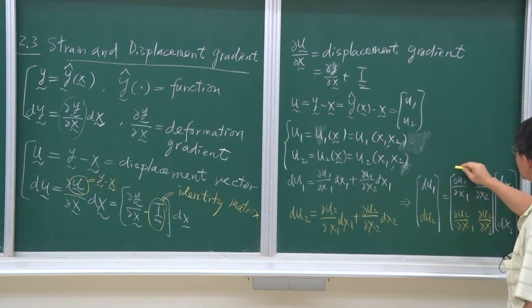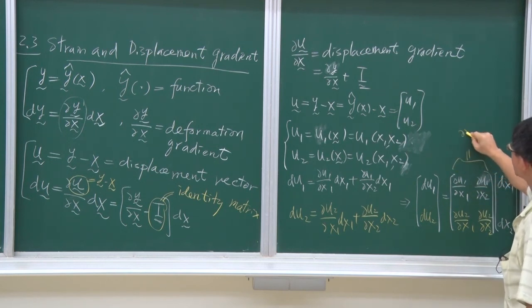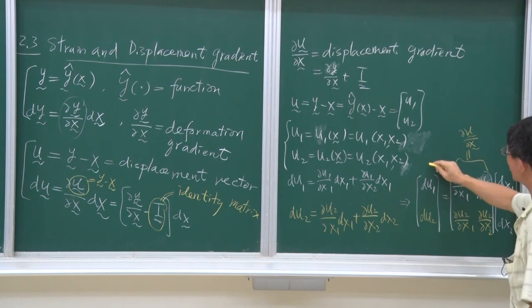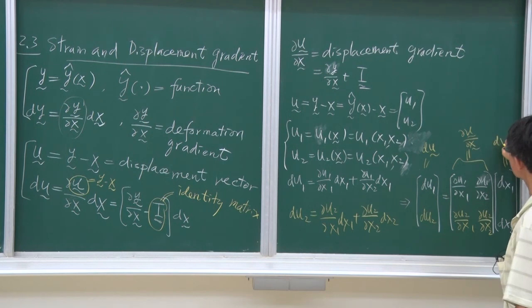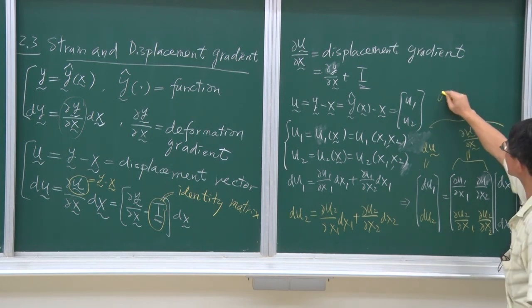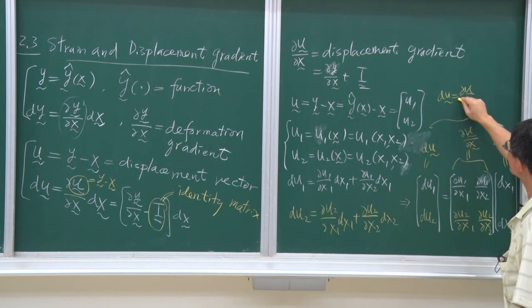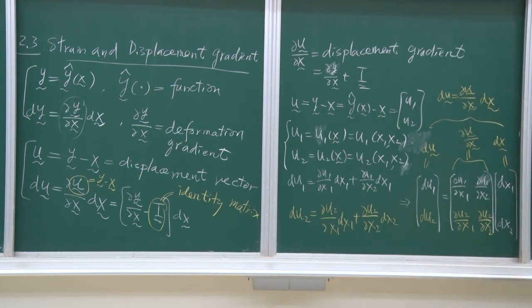And this is the expression, this is du, and this is dx, and eventually we have du equals partial u partial x dx. This is the concrete expression of the displacement gradient. With this at hand, we want to show you what is the relation between the displacement gradient and the strain.